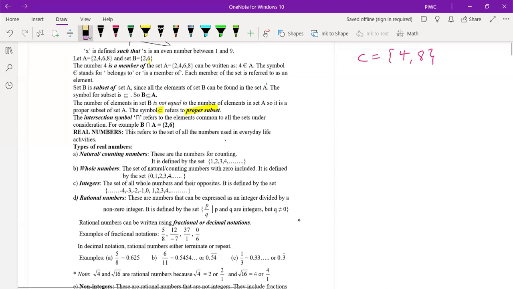It's a subset of A. Now, because I have 2 elements here, 1, 2, the number of elements here is less than the number of elements in set A. So I can say that C is a proper subset of A, a proper subset. Okay.